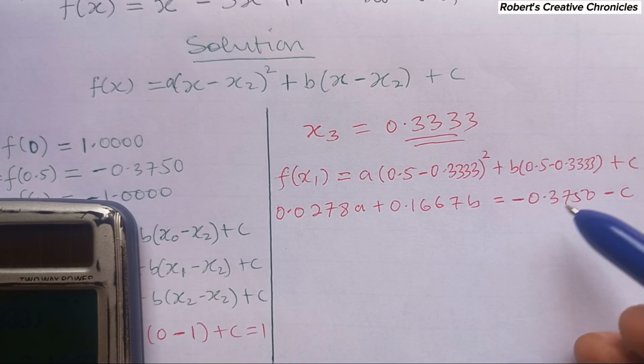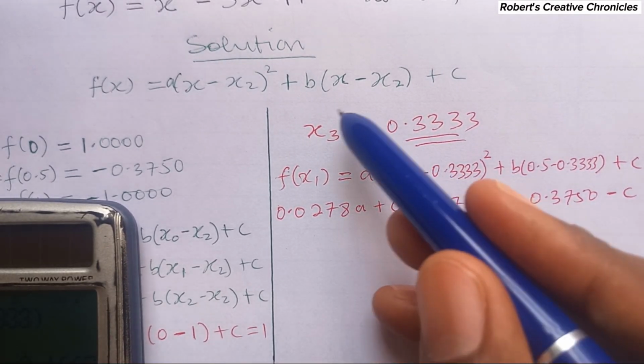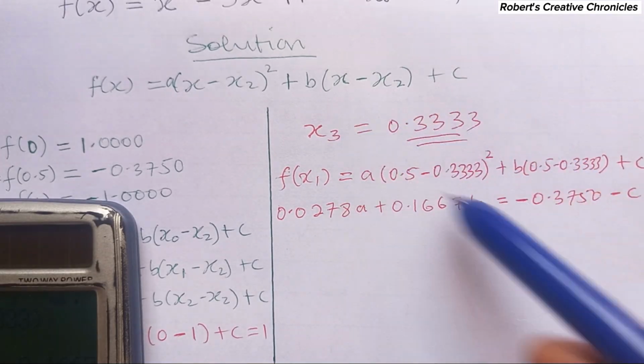I'll take c to the other side because eventually we'll find c. C will be the function of this. So we'll still find the function of x3 later.